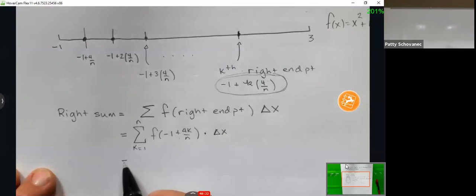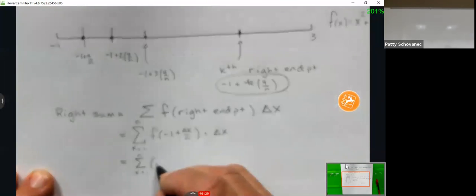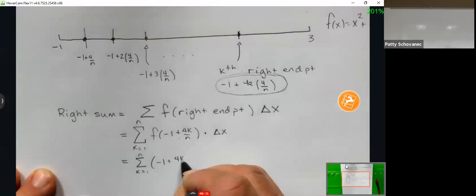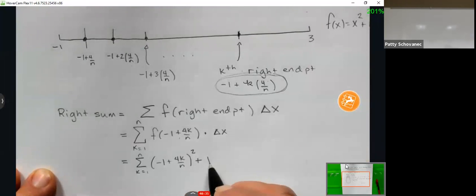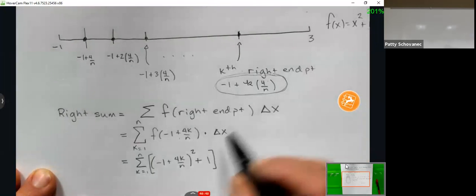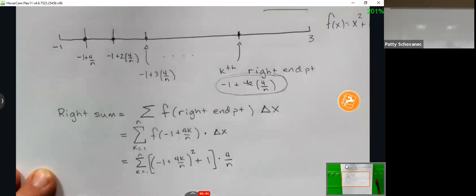And so it looks like the sum from k is equal to 1 to n, x squared, so here's the x, squared plus 1. And then I have to multiply that by delta x, but delta x is 4 divided by n.